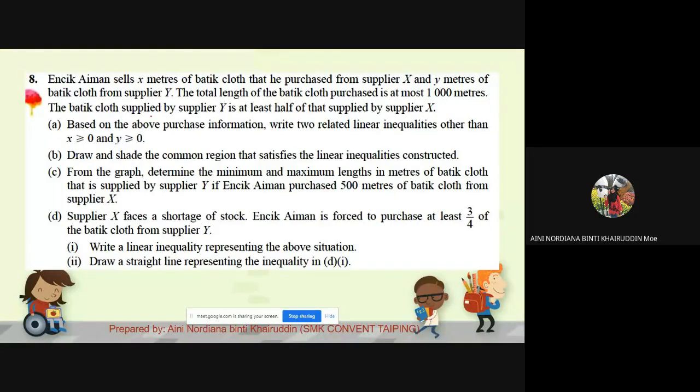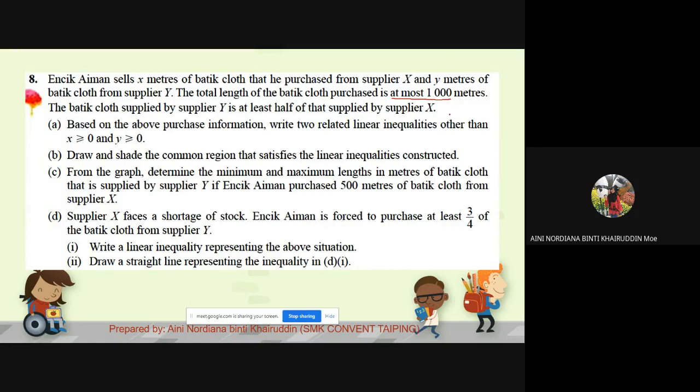The batik cloth supplied by supplier Y is at least half of that supplied by supplier X. So based on the above purchase information, write two related linear inequalities other than X greater than 0 and Y greater than 0. So the first one, at most 1,000.